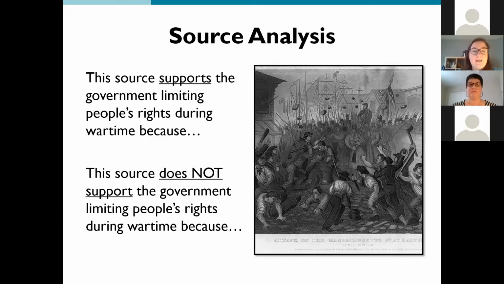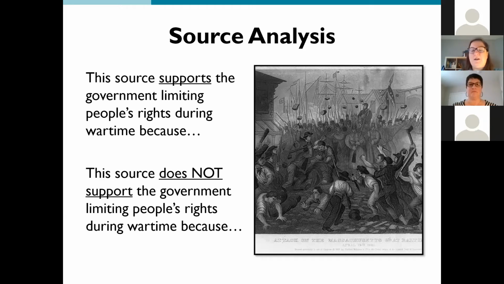On the other hand, this source could be used to say that it does not support the government limiting people's rights in wartime. That particular sentence starter is a little more focused on some of the information from the source information section. The source is biased. It's created by someone who likely did not observe this incident, but created the engraving after it happened.